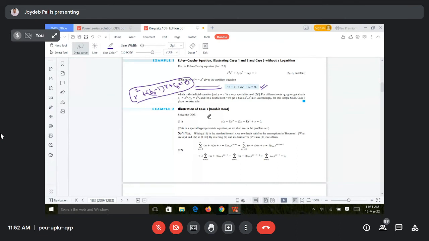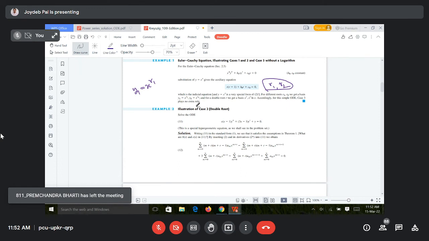Now if you solve it, you will get roots. If we take R1 and R2, the form of one solution will be x to the power R1.